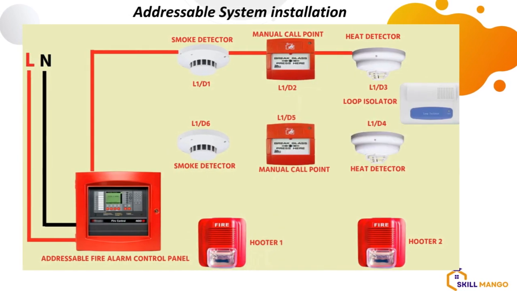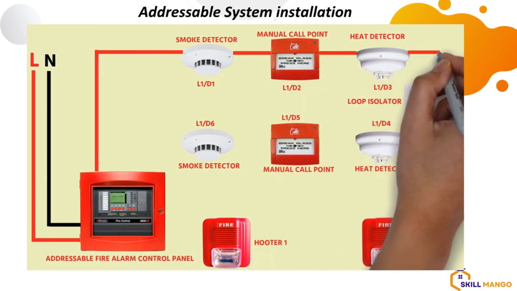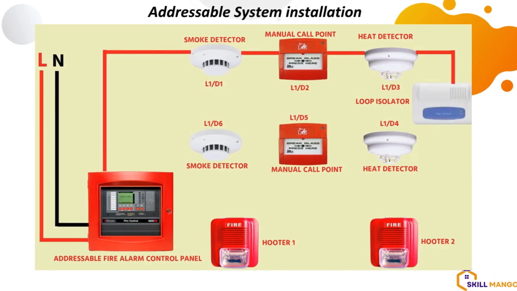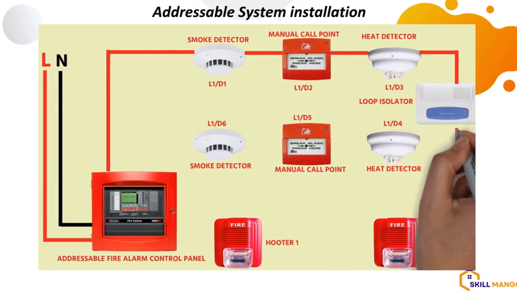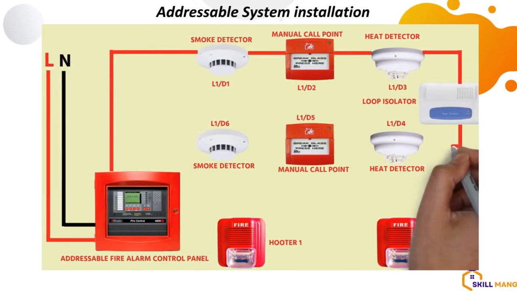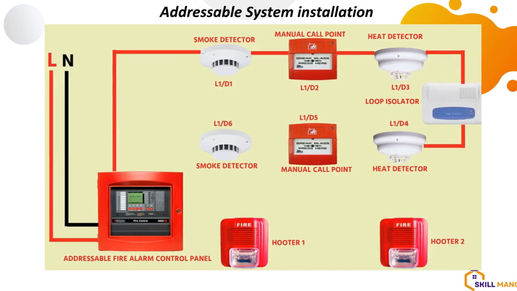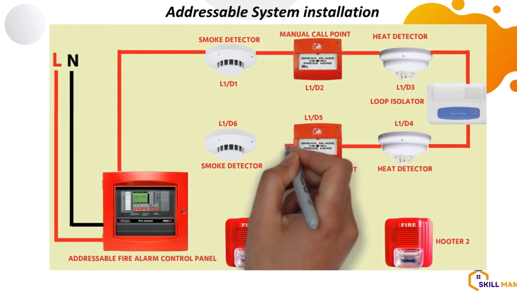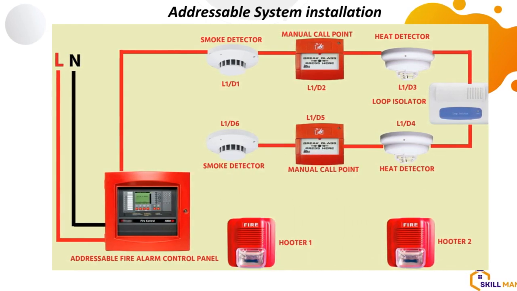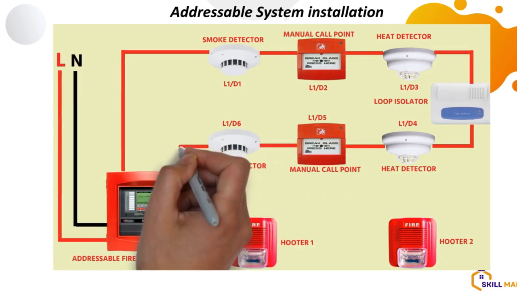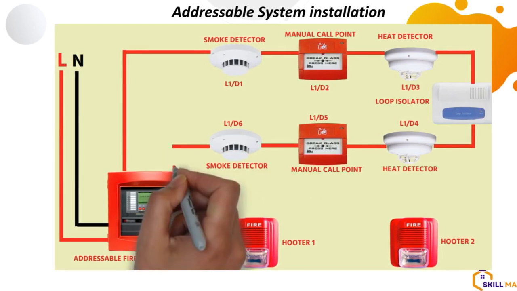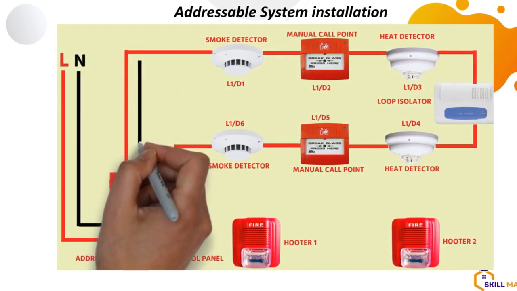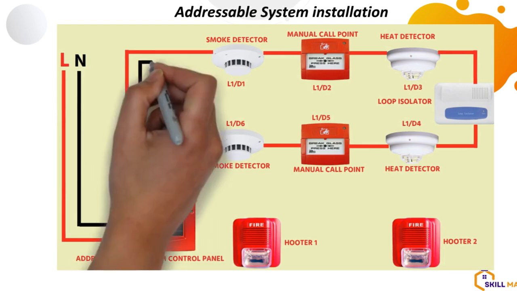Okay, so for the smoke detector, we have to lay a cable from the panel to the first smoke detector, to the second, to the manual call point, to the heat detector, then to the loop isolator. You can see the loop isolator there. The loop isolator is basically acting like a device that corrects and monitors and prevents faults from one detector from affecting the other detector on the loop.